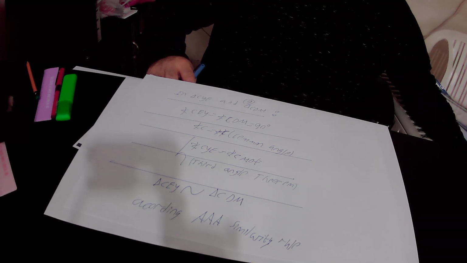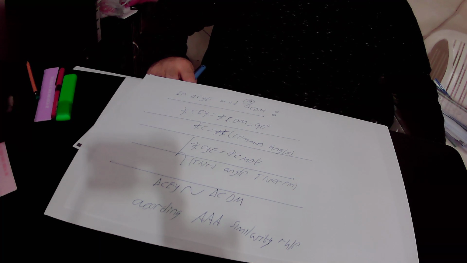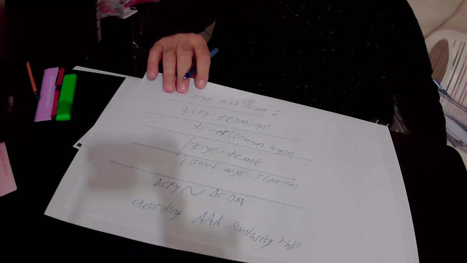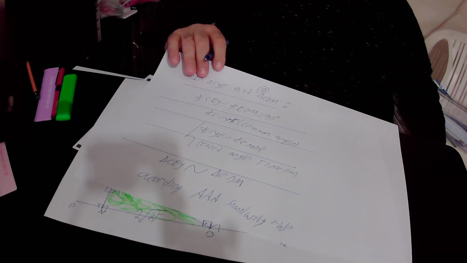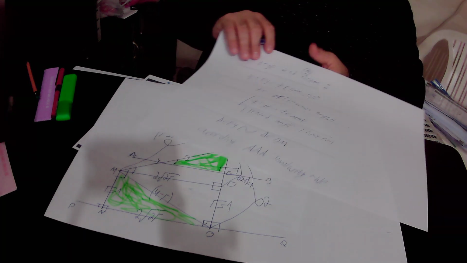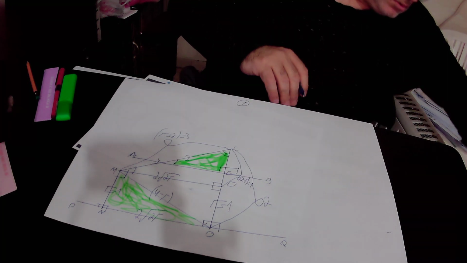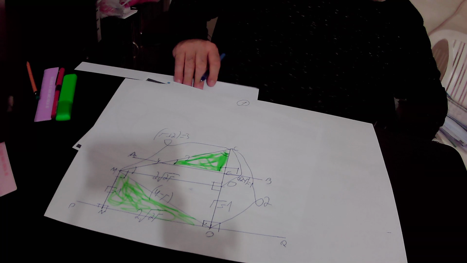So what is the angle similarity rule? The angle similarity rule is that if you prove that all three angles in one triangle are congruent to all three angles in another triangle, then you actually proved that those two triangles are similar to each other according to the angle similarity rule. And from the fact that triangle CEY is similar to triangle CDM, we will conclude that the following equality is true.